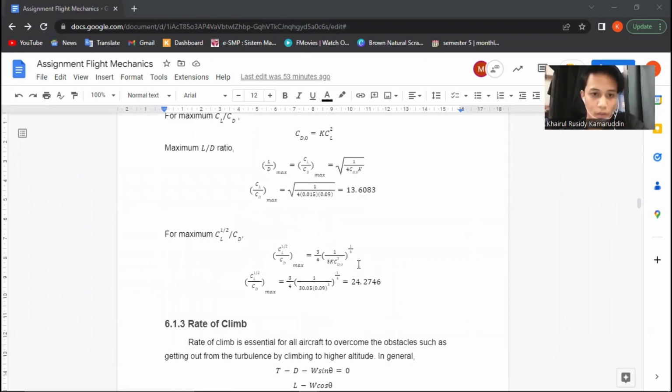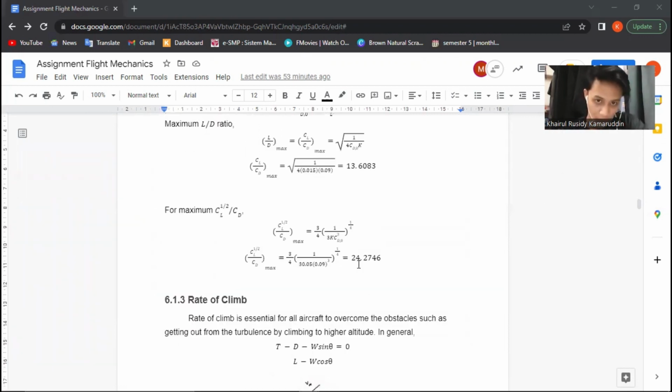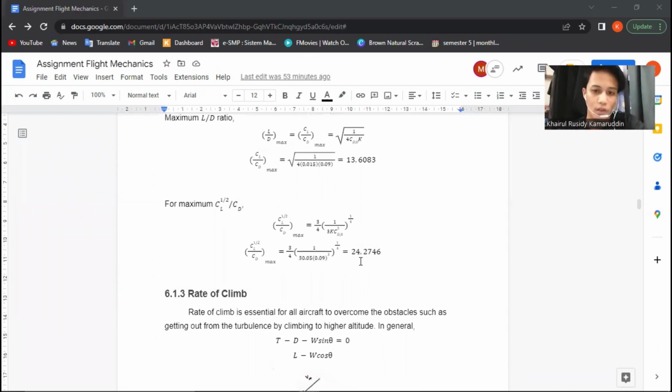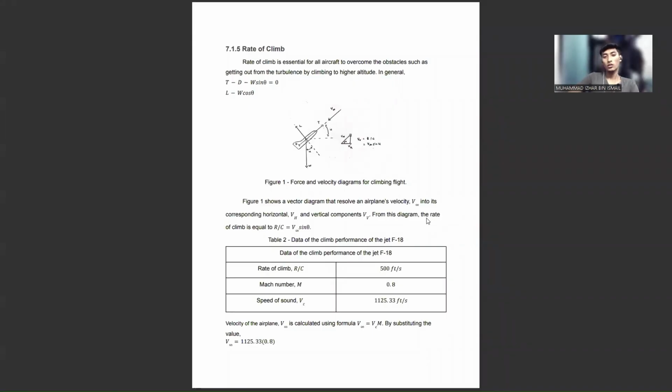For maximum CL to the power of 1/2 over CD, we can calculate using the formula, and the value is 24.2746.